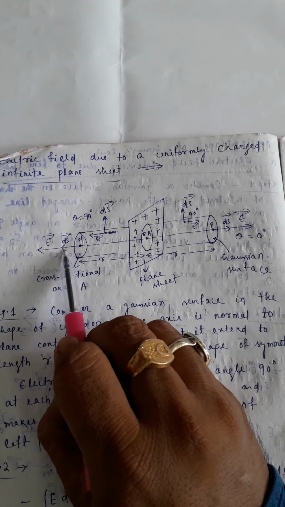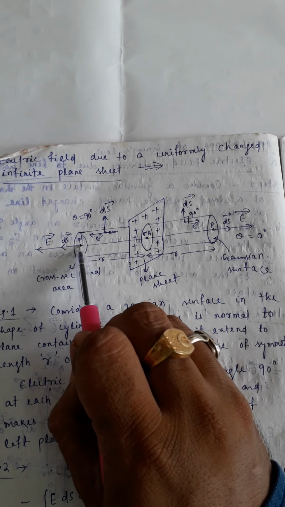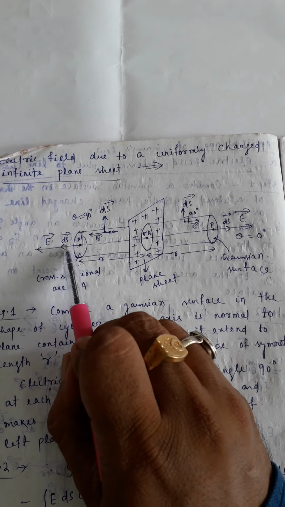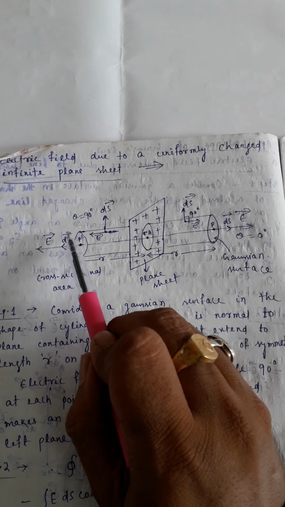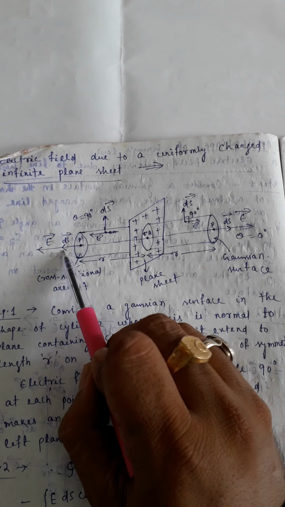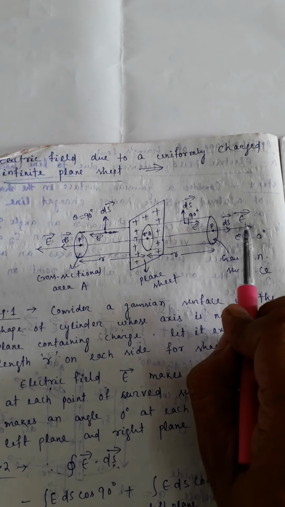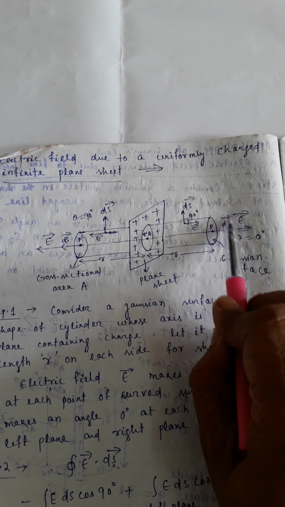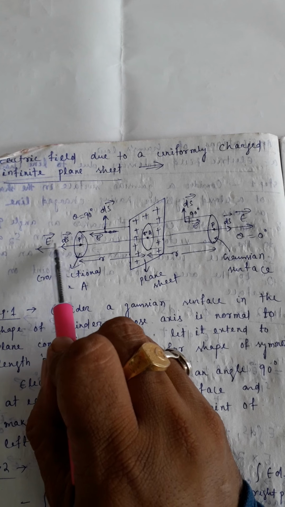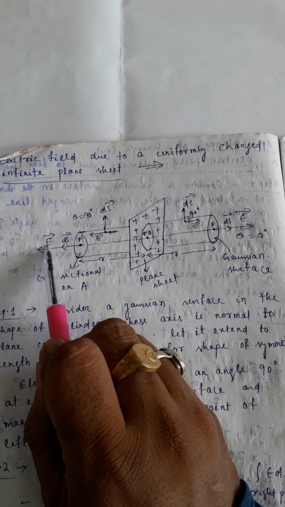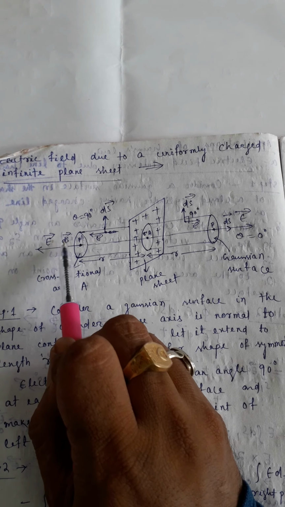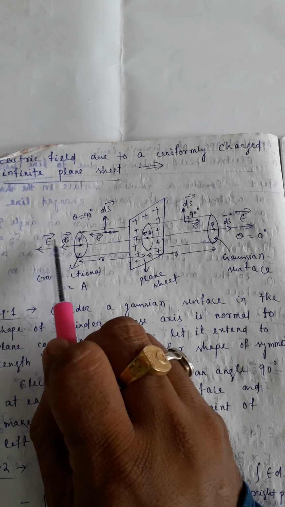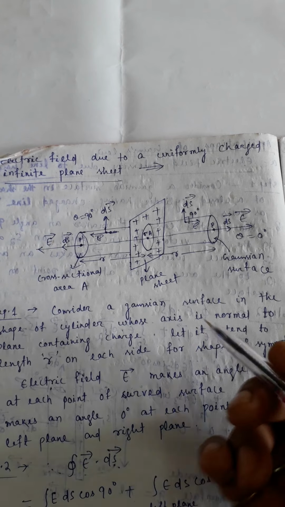On the left, the electric field is in this direction and the area vector is also in the same direction, so here also theta is equal to 0. If we consider this electric field as positive and this area vector as positive, then on the other side the electric field is negative and the area vector is also in the negative direction, and minus E into minus dS is also plus E dS.